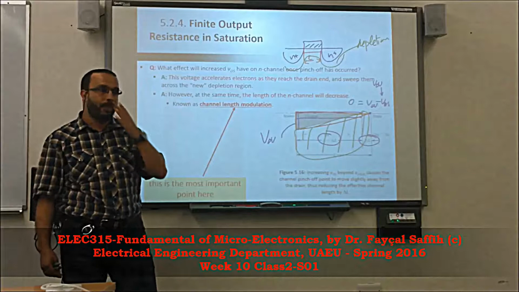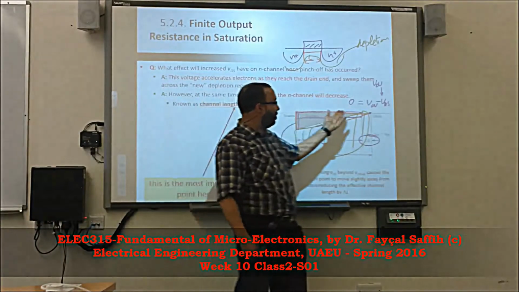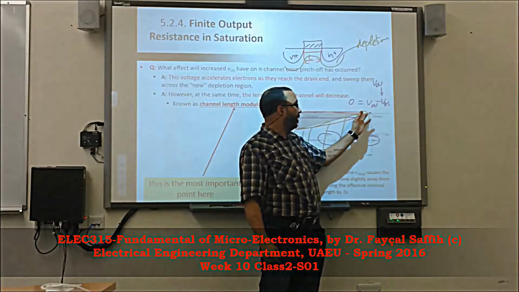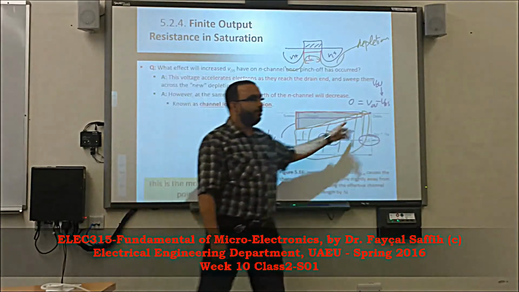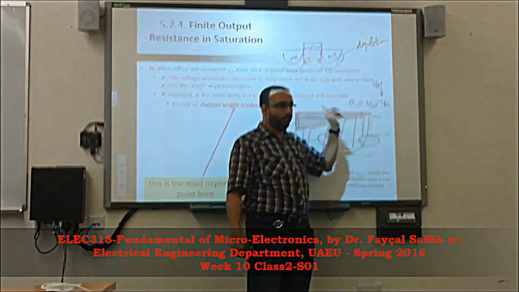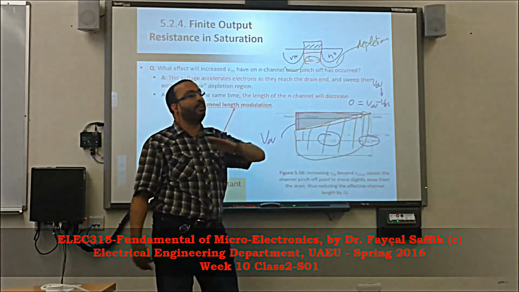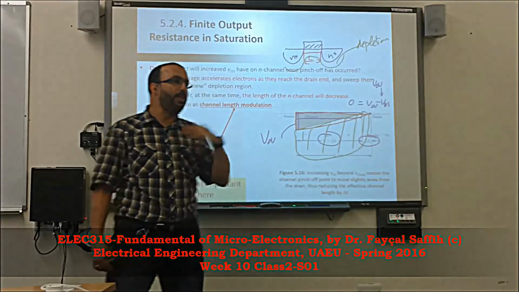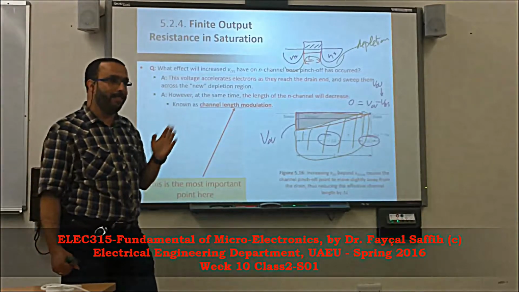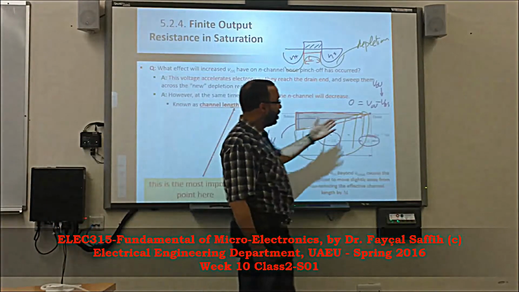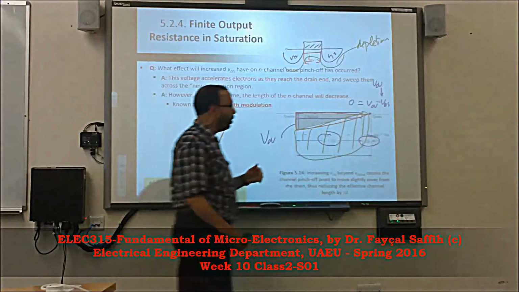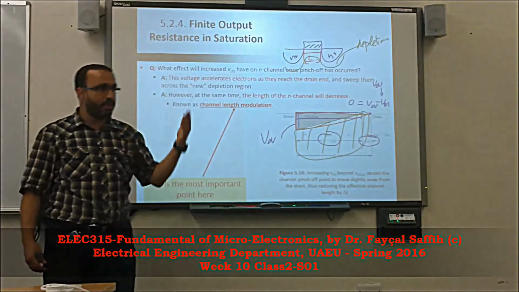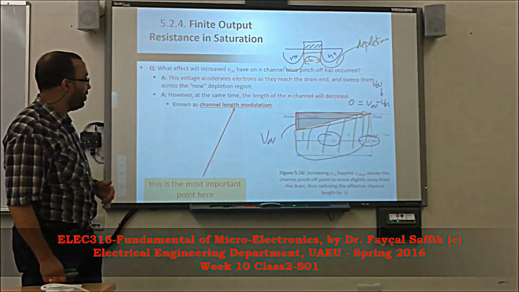The voltage here accelerates them until they reach maximum speed, and then they go to the drain at saturated speed. They will not go beyond that speed from the channel to the drain. I'll also call it saturation speed. It's not our topic, but that's fine.